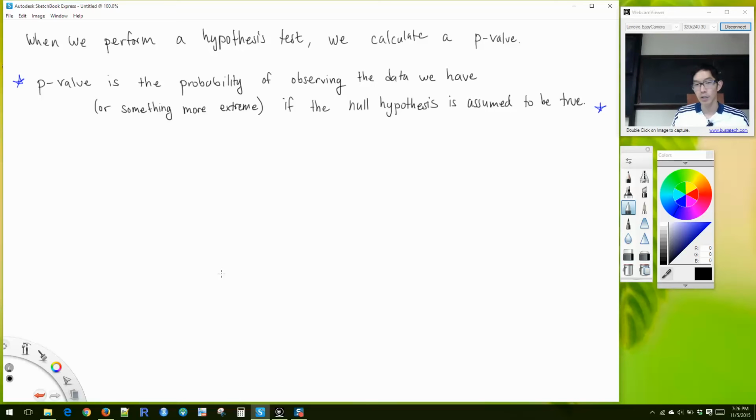And the idea goes something like this, okay? So let's say our null hypothesis says something like the mean of the population is equal to 120. Okay?